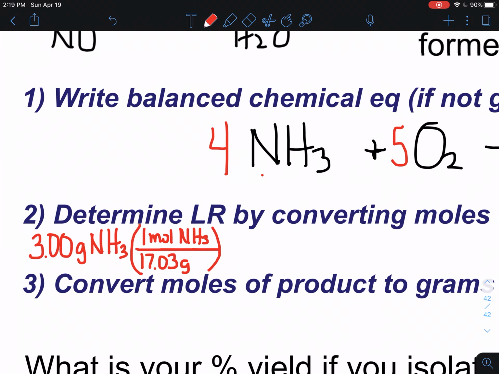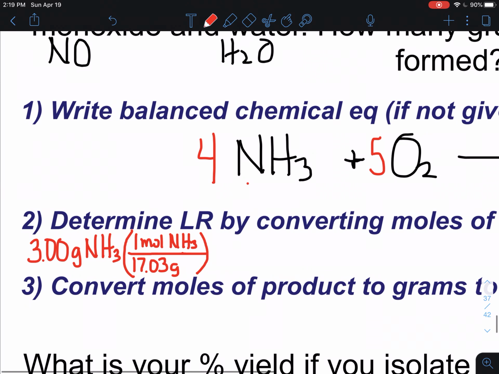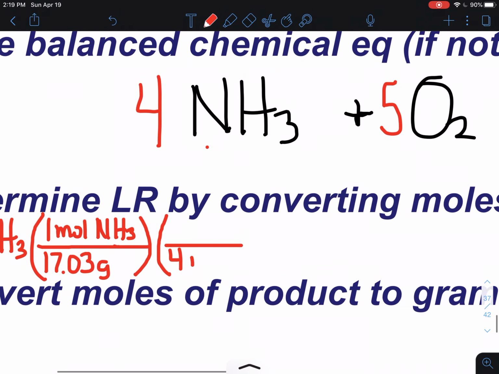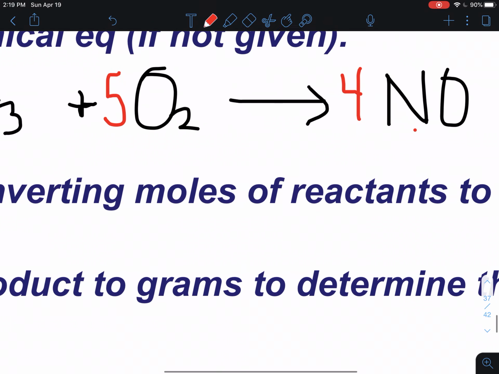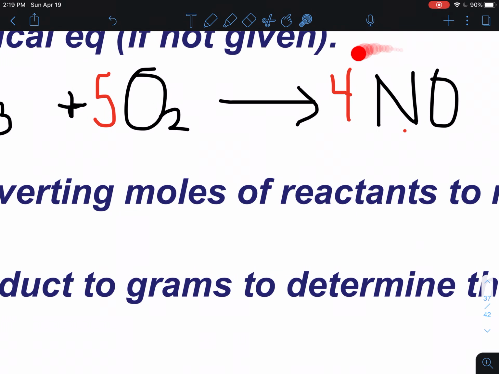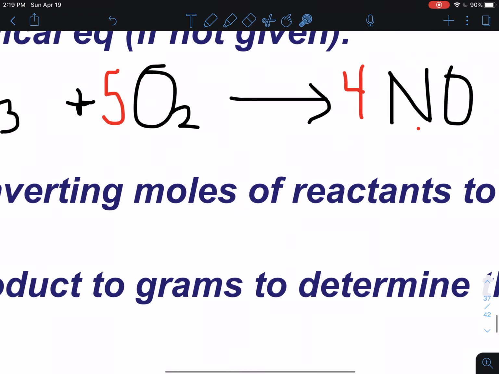Okay. Now that I'm in moles, I can use the coefficients from the balanced chemical reaction. So again, for every 4 moles of NH3, we get out 4 moles of nitrogen monoxide.